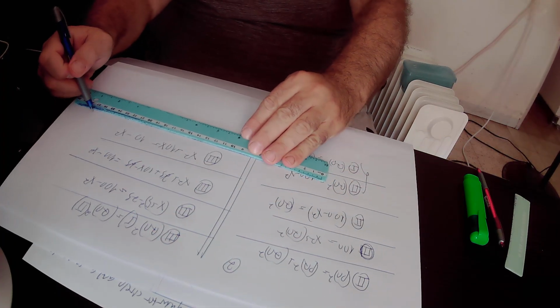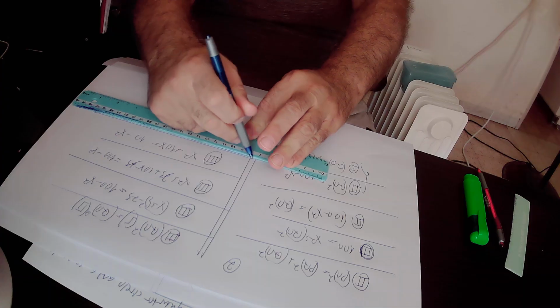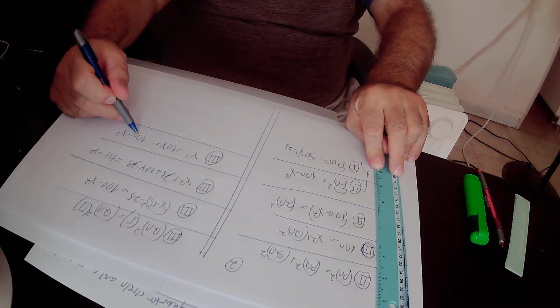According to equation 3, x squared plus 10x equals 100 minus x squared.